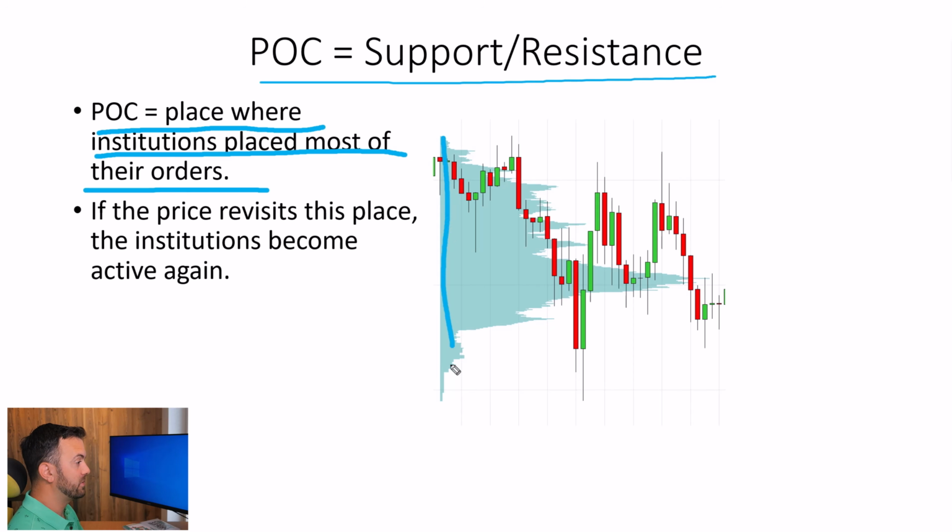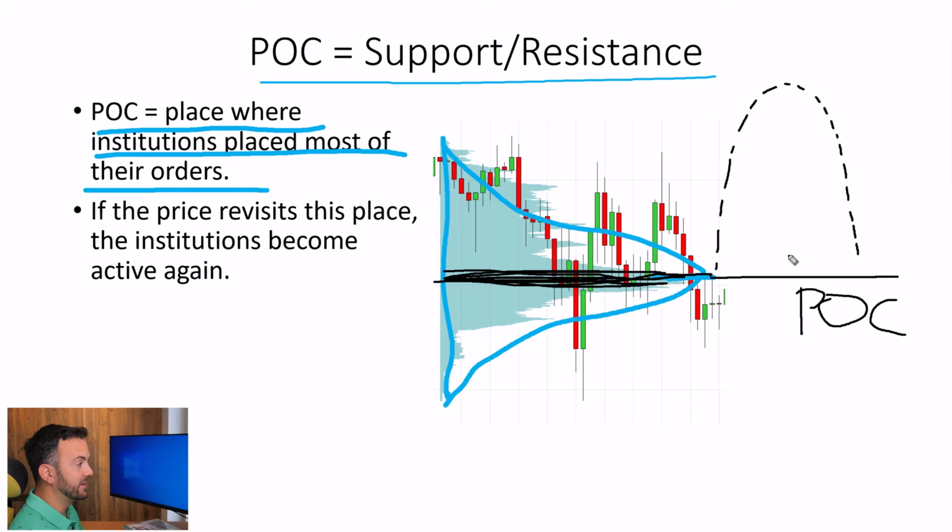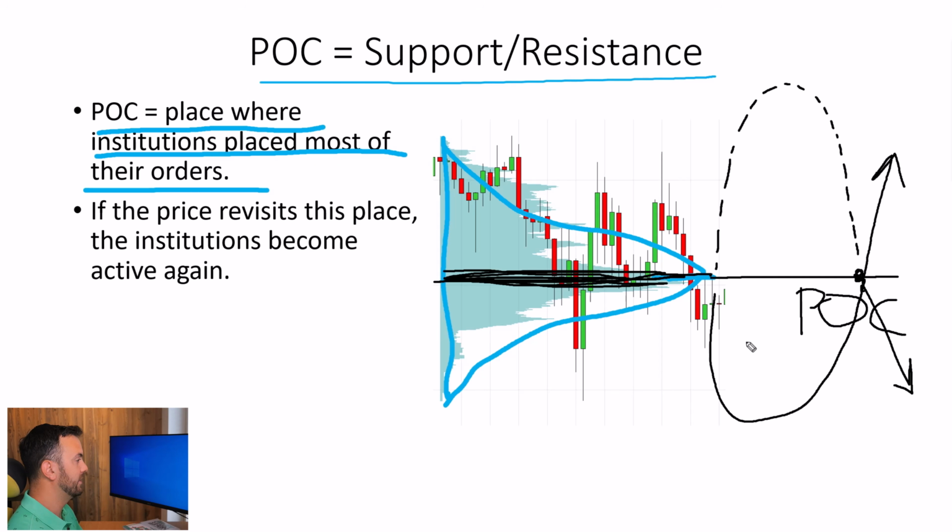So if you look at this daily volume profile and the point of control in here, what you basically want to do is, if price revisits this place in the future, makes a pullback to this level, to the point of control, then the institutional traders who are active in here, who created this point of control, will become active again. They'll defend this place and they're likely to push the price up from here. This is a long trade scenario. A long trade scenario would look like this, right? Pullback from below the point of control and then you go short from the level.